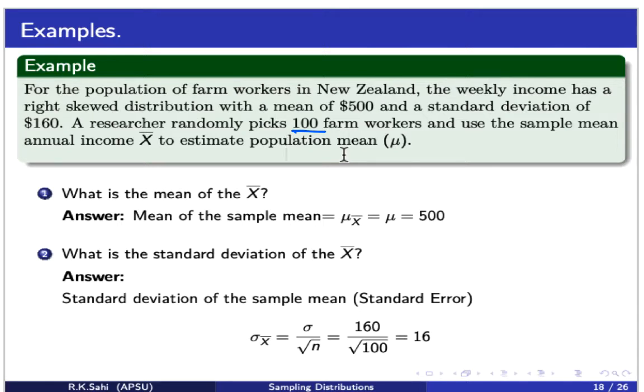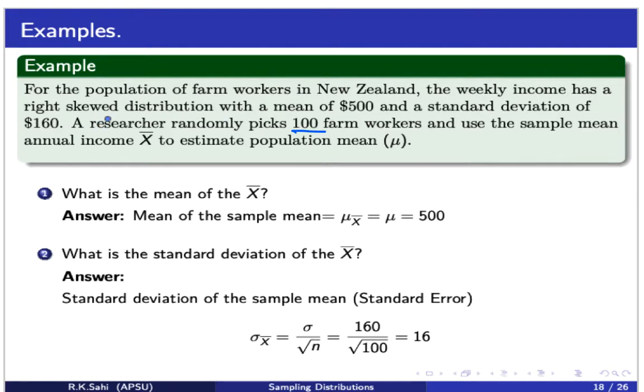So if our farm workers in New Zealand population is right skewed, but we have a larger sample size, remember from our previous videos and classes, if you have a sample size greater than 25 or 30, then any kind of distribution is represented as a normal distribution.